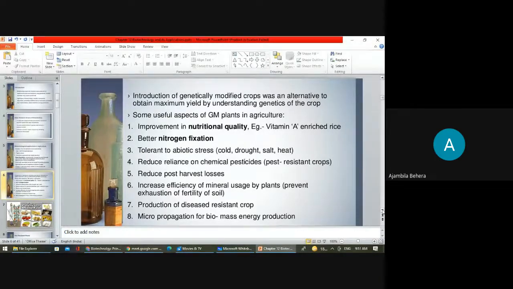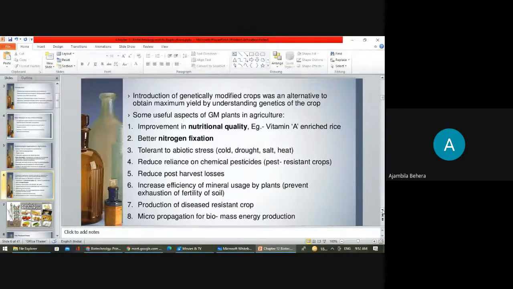So whatever components are not present in your food material, and those food materials are essentially required by people, and there is a deficiency of some important component of the food like vitamins, such important components can be compensated by inserting that particular gene.